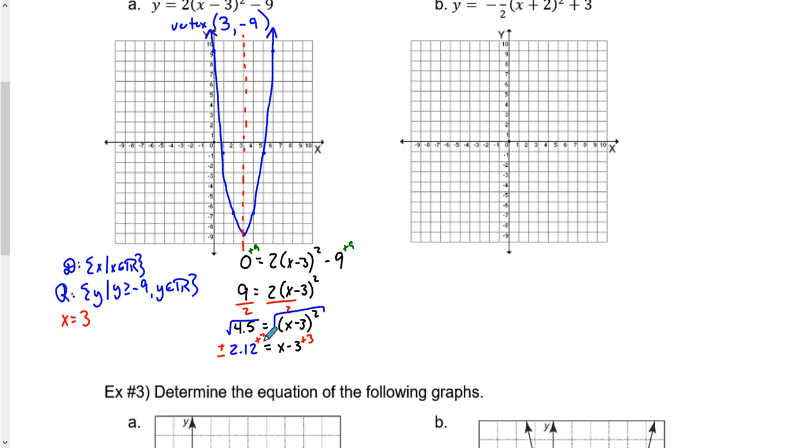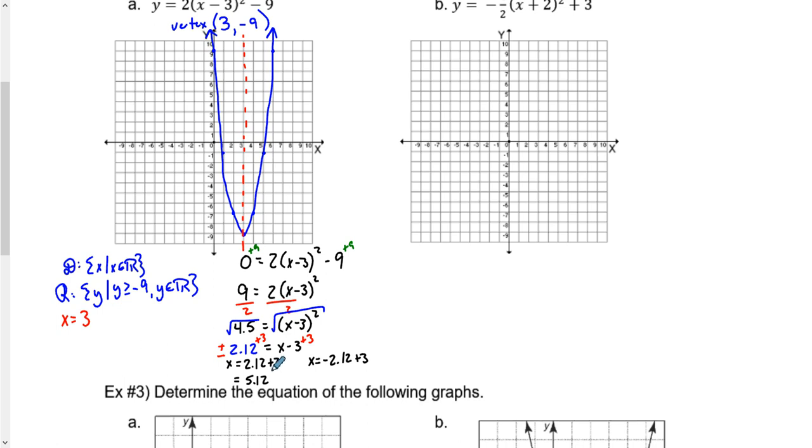Right. Next thing we do is add 3, and let's get our 2 situations. So we could have 2.12 add 3, or we could have negative 2.12 add 3. Our 2 values, see, this one comes out nicely, is 5.12.